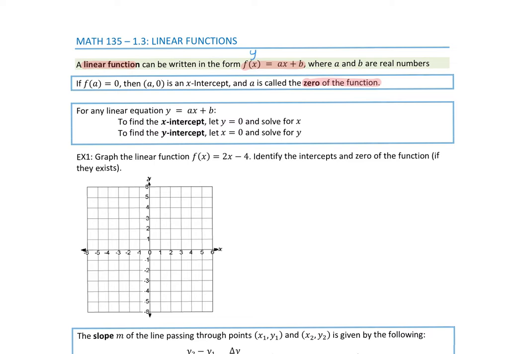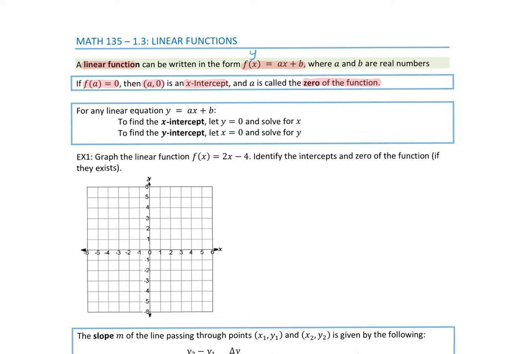So where f of x or y is equal to 0, and here it would be at some point a, and that would be an x value. So if that a value does exist, then the point a comma 0 will be an x-intercept. So again, a comma 0 is an x-intercept, it's a point, but the actual 0 of the function would just be the a value.